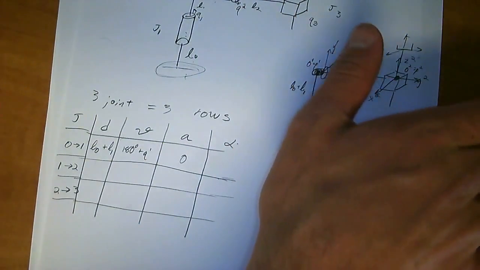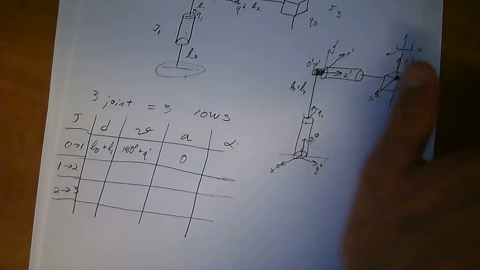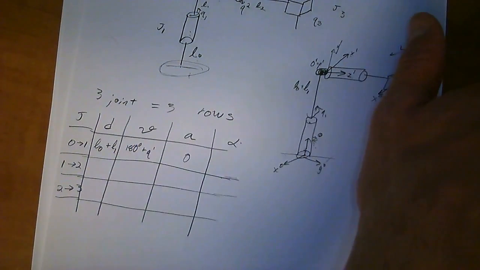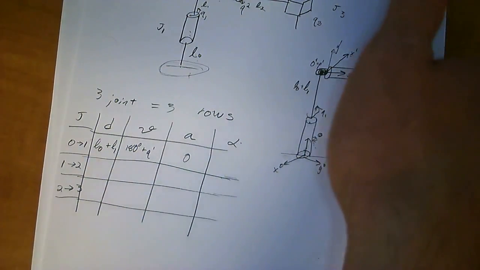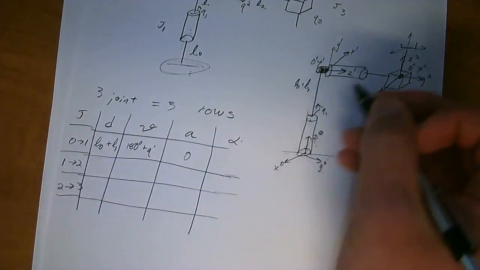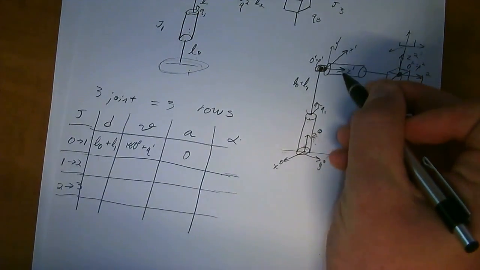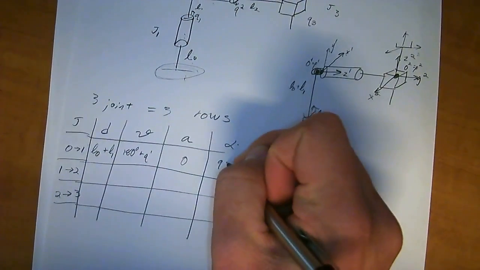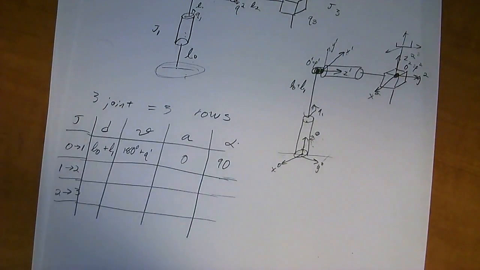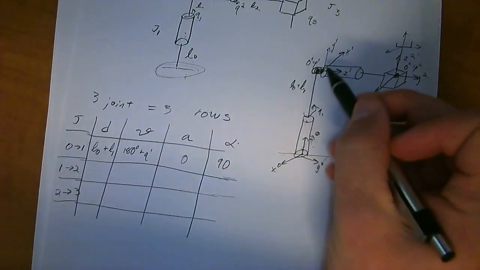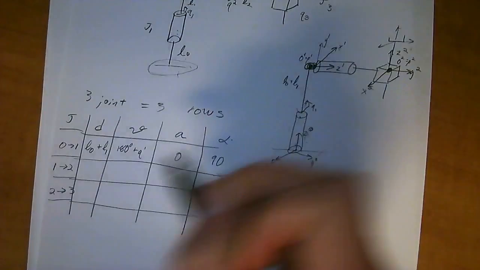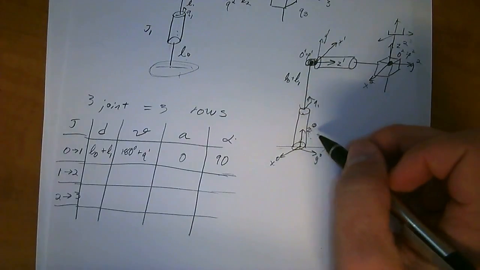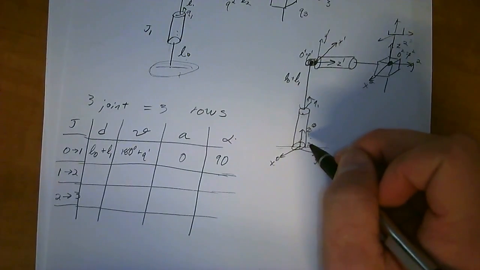If you look at it like that, and again using the right-hand rule, you put your thumb in the direction of X1, curl your fingers from Z0 to Z1, and you'll find that it's a positive rotation of about 90 degrees, because it's from here to there. So 90 degrees. Alrighty.